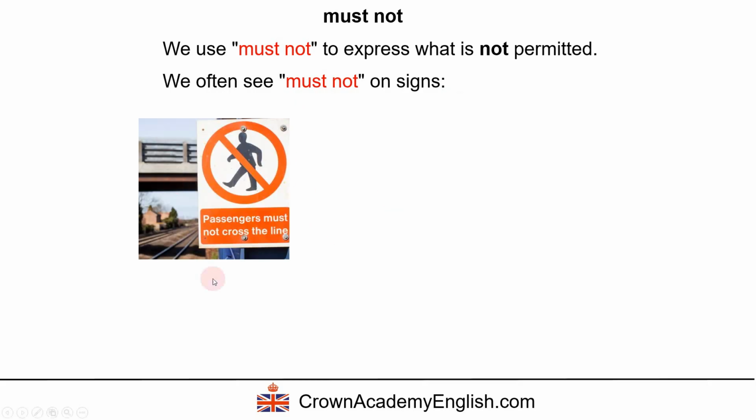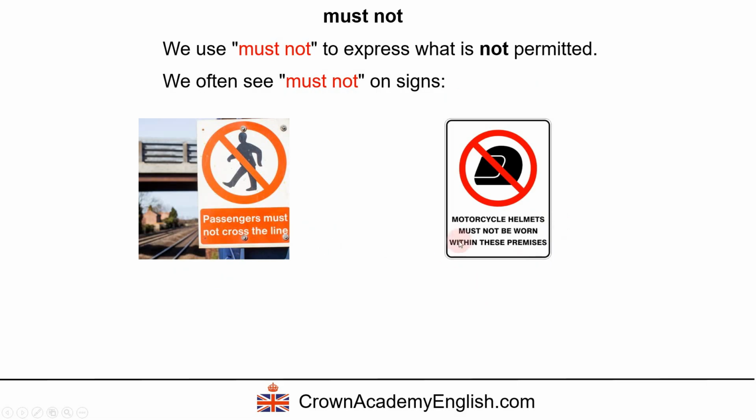This is a very common one at the side of the train tracks in England or in the United Kingdom. Passengers must not cross the line. Must not cross the line. The line meaning the railway line, okay, or the railway track. So passengers, it is not permitted for passengers to cross the line.